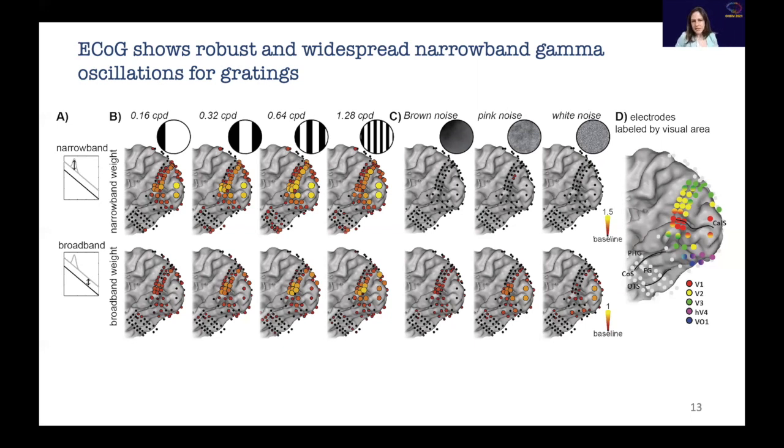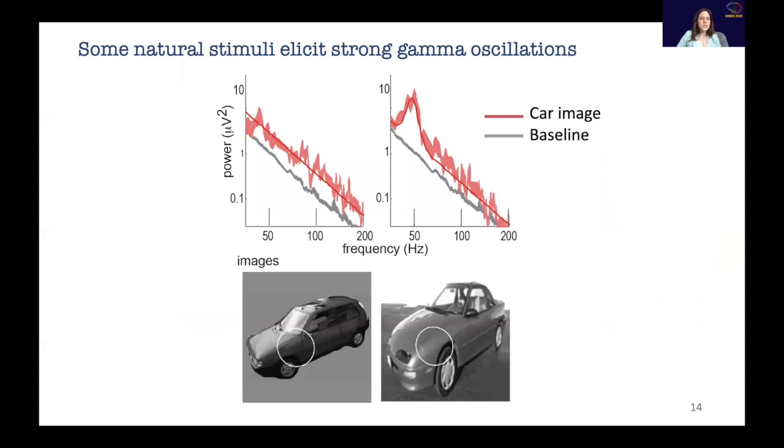And one of the questions that you could ask here is, this is just a noise pattern. It doesn't have any content. So what about other stimuli? If we actually have stimuli that have content, such as two different cars, we see a clear broadband increase in power, as you see here in red, compared to the baseline in gray for both of these cars, but only one of those shows a robust, reliable gamma oscillation for this type of stimulus.